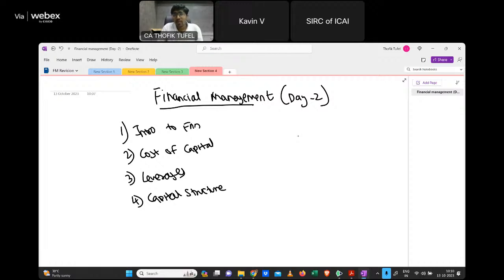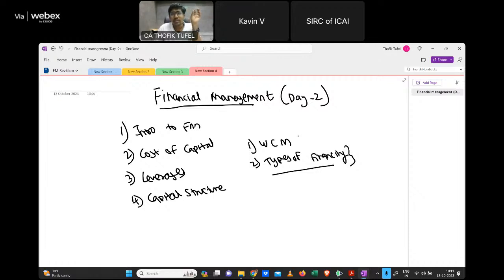What is remaining from module one is working capital management, and the second one is types of financing. As already discussed in yesterday's class, types of financing is a completely theory chapter where it would be better if you read the chapter independently and see previous year questions.